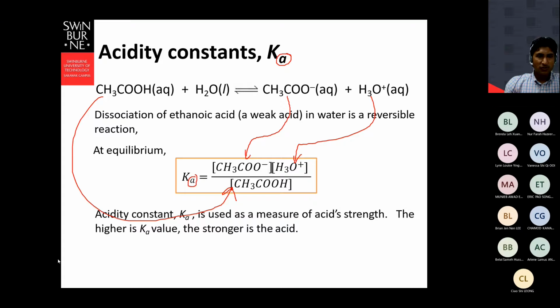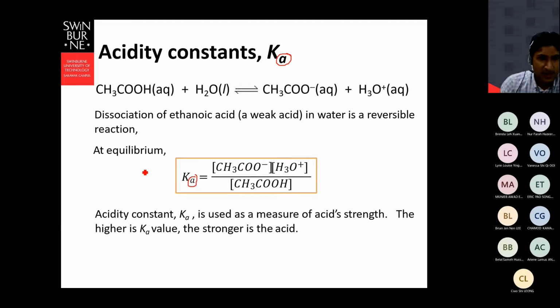But we also want to understand, looking at this reaction equation, why the Ka value will go high.